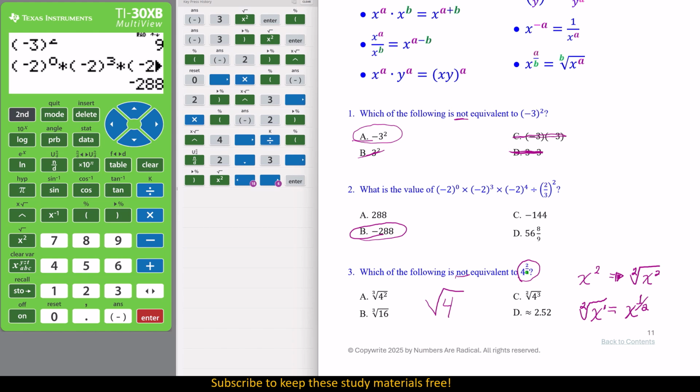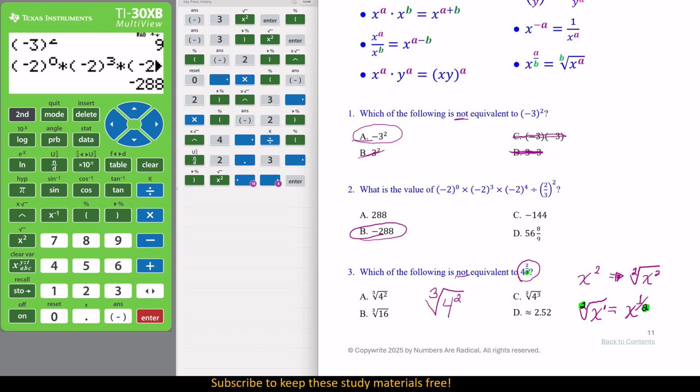Our denominator is 3 here, and here we have 2 and 2. That means that for my purposes, I'm using a cube root, so I need a 3 there. And the numerator goes with the 4, as the exponent that stays.